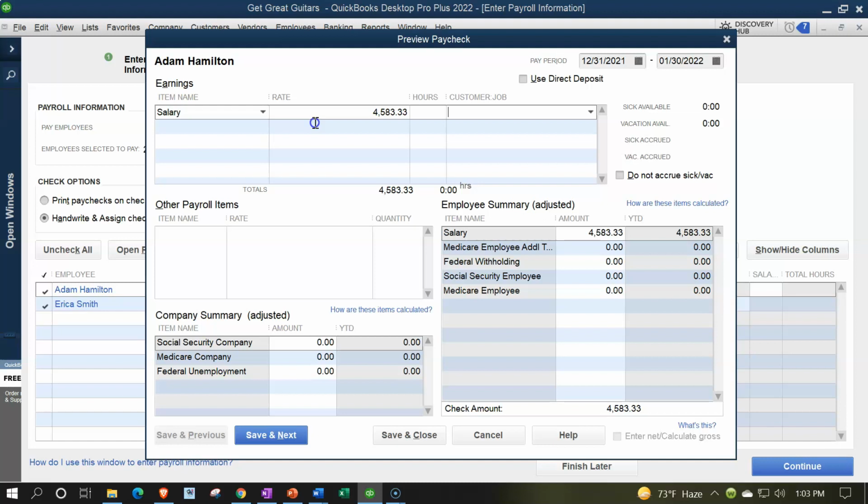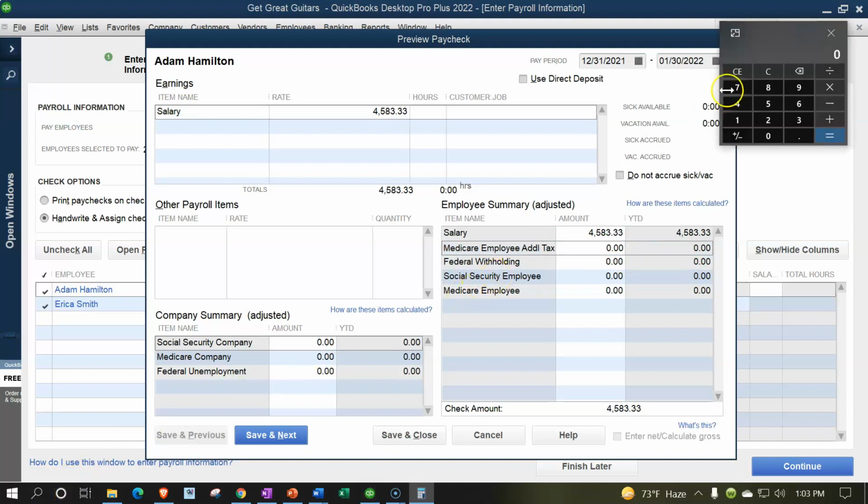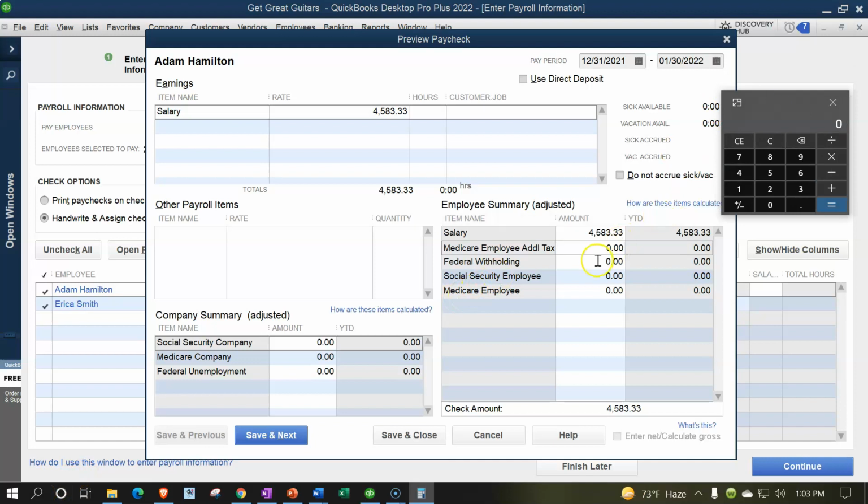And so that's good. Then down here, we've got the salary, and then we've got the withholdings, which are not calculating automatically. So let's pull out the trusty calculator, and I'm just going to calculate some basic withholdings. Now, the federal income tax, the federal withholding, this is something that we would be dependent on the W-4 to calculate. And this is the main one where it's really nice to have the software help you to calculate it, because it's not a nice flat tax.